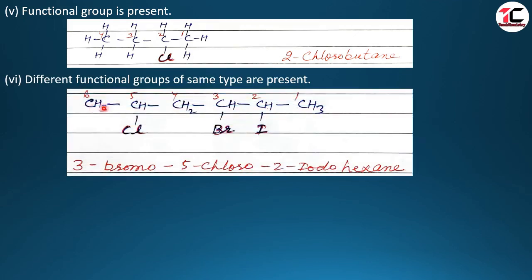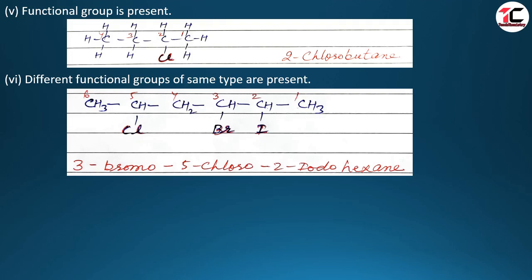Here the condensed formula is given: CH3, CH, CH2, CH, CH, CH3. We can see chlorine, bromine, iodine. They are all functional groups of the same type, the halide group, but they are different: chlorine, bromine, iodine. Now we have to start numbering. From where will we start numbering?